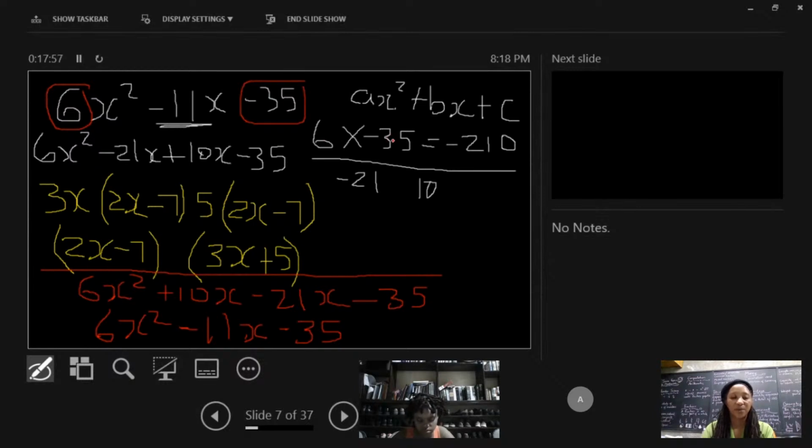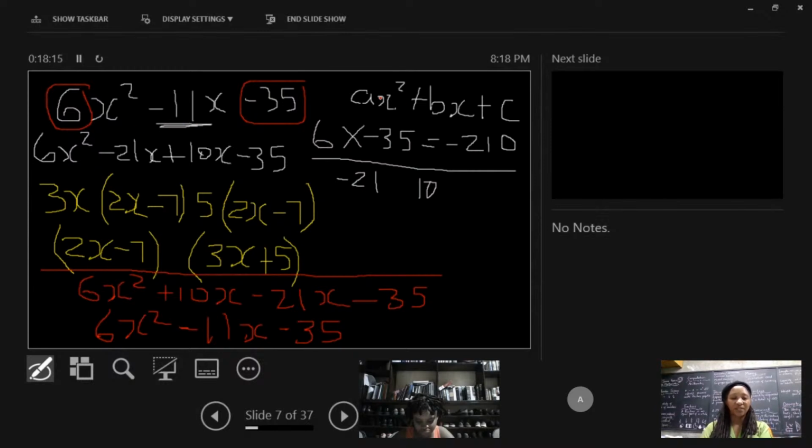So when we multiply those, we get negative 210. Then we ask ourselves which two numbers multiply to give negative 210 and add to give the coefficient of the x term, or the middle term, negative 11.